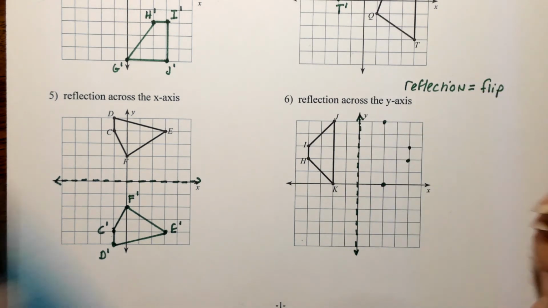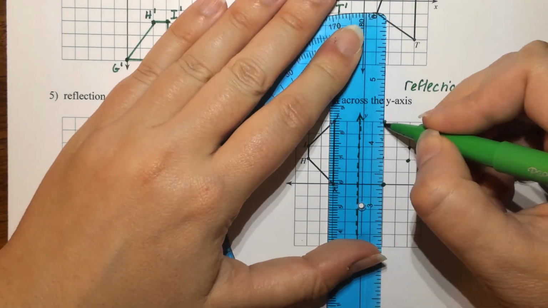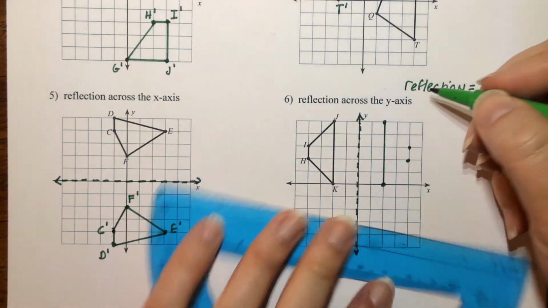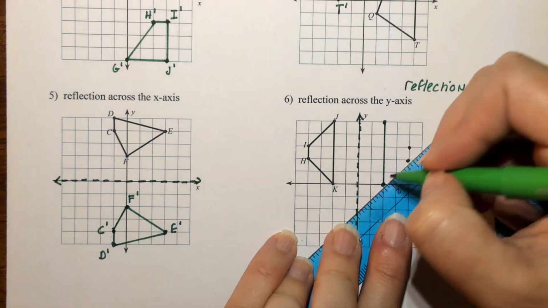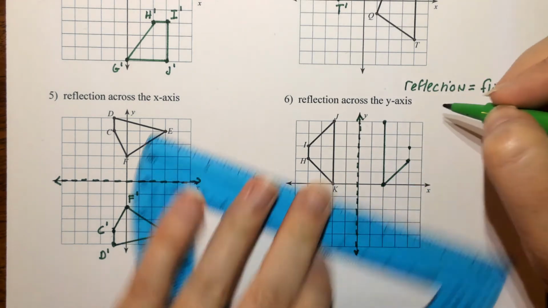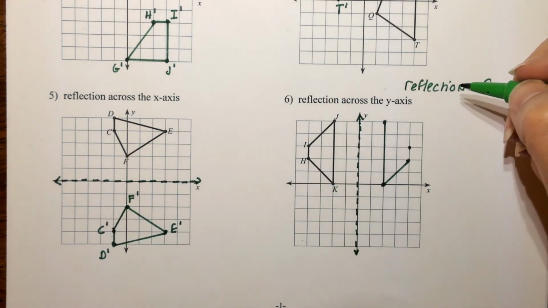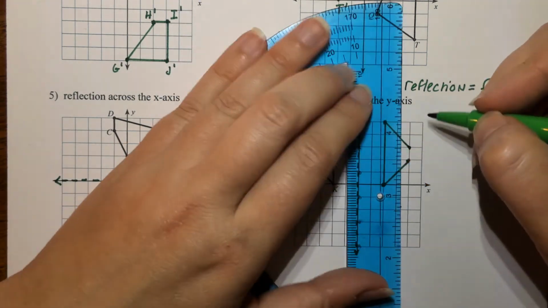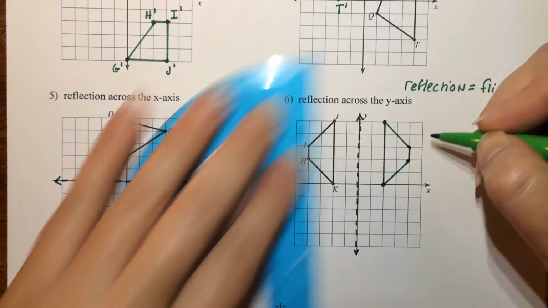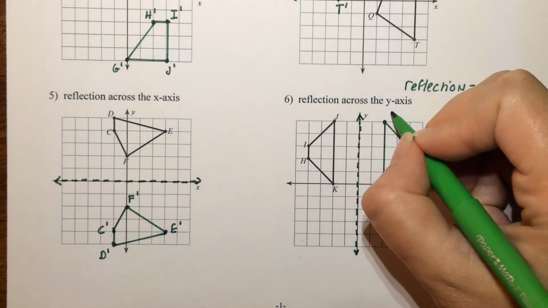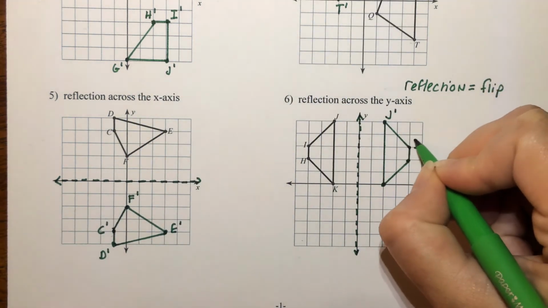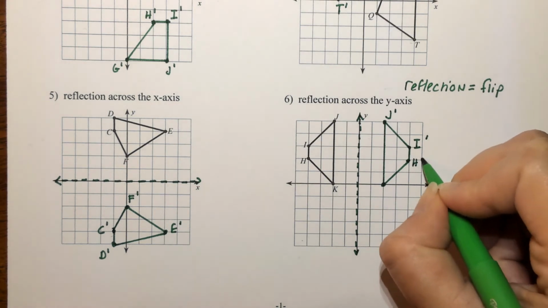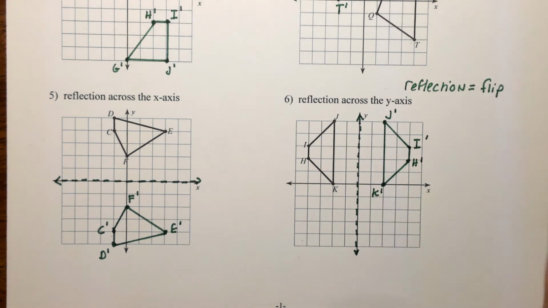Look at that nice trapezoid. Flipped. J prime, I prime, H prime, K prime.